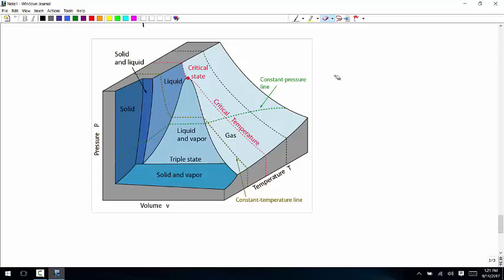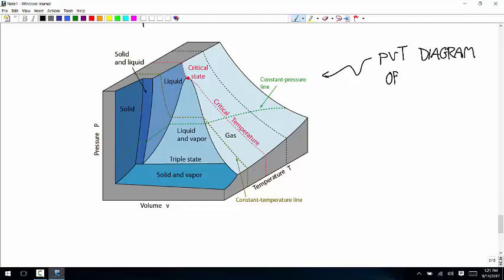This is called the PVT surface, or the PVT diagram, of a material that contracts when it freezes.